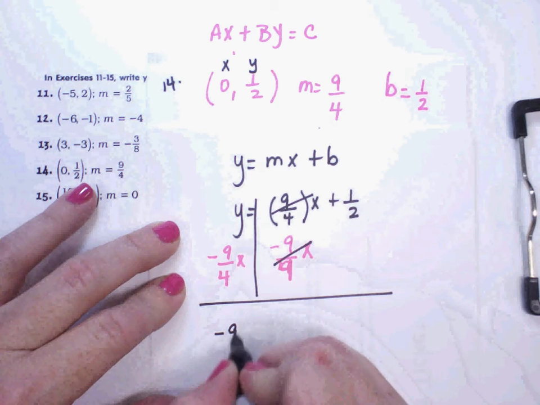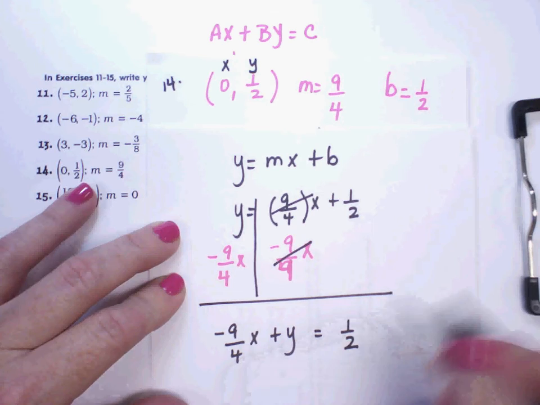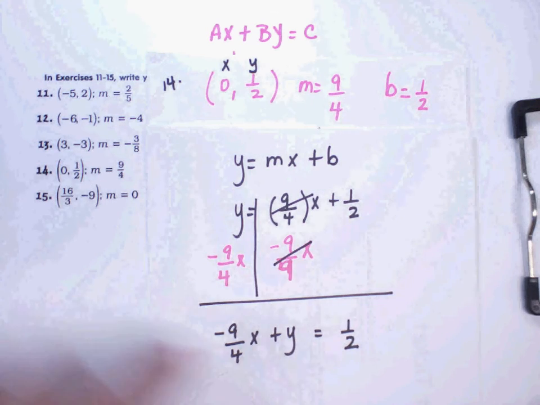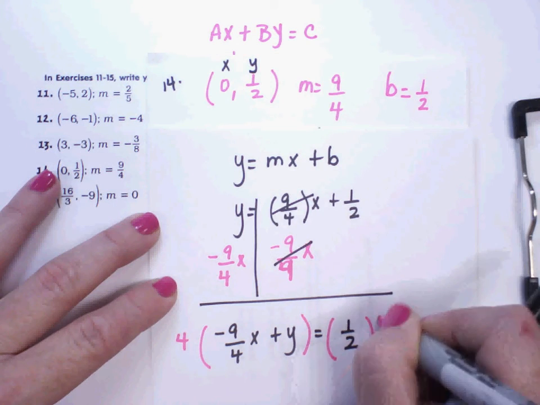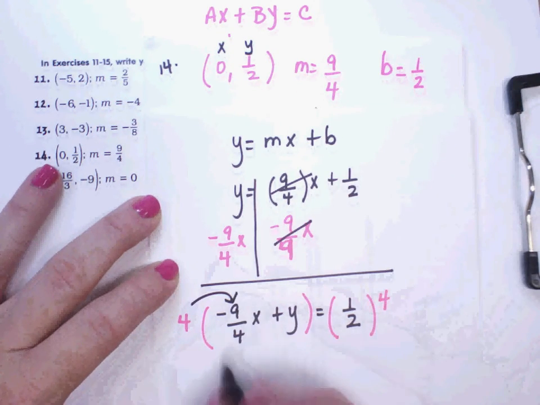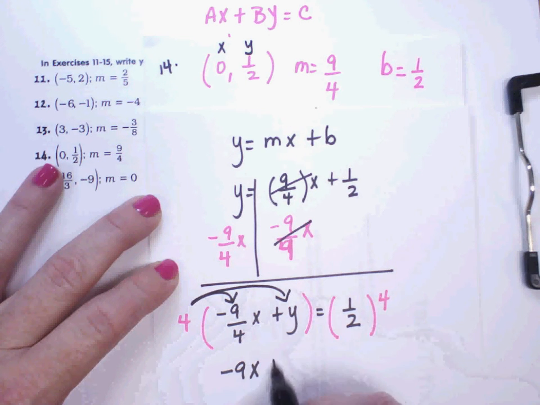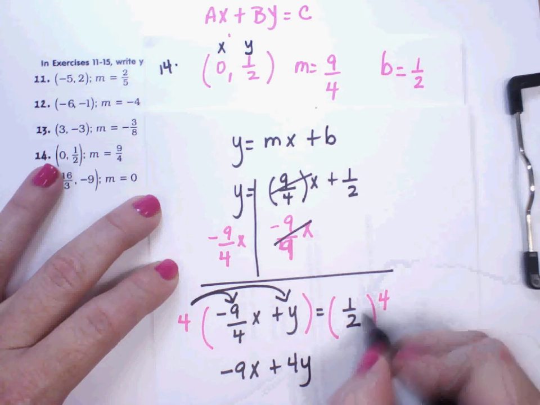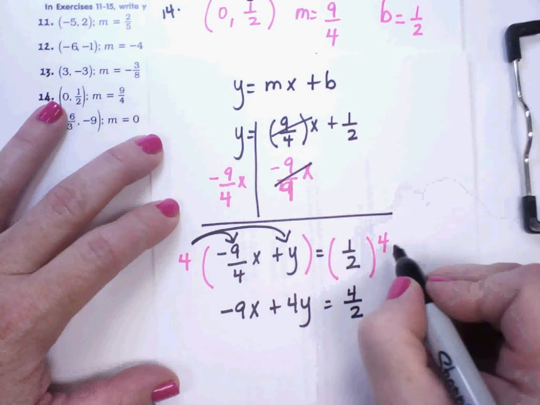So I get that negative 9/4 x plus y equals 1/2. Now, I need to get rid of that 4 because I cannot have fractions. So I'm going to multiply everything by 4. All right, when I distribute over here, those 4's cancel and I get 9x. When I distribute over here, I get 4y. And when I distribute over here, I get 4 divided by 2, which equals 2.